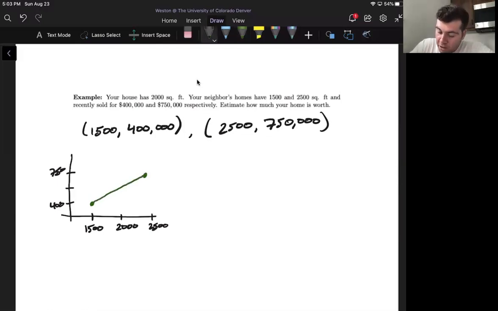So you're pretty sure your home value is somewhere around here. We can use the midpoint formula to estimate it.